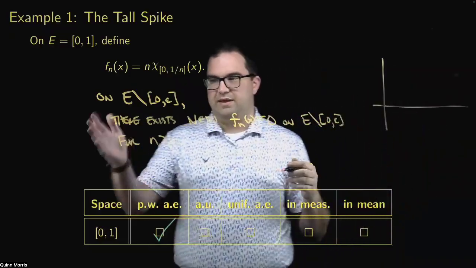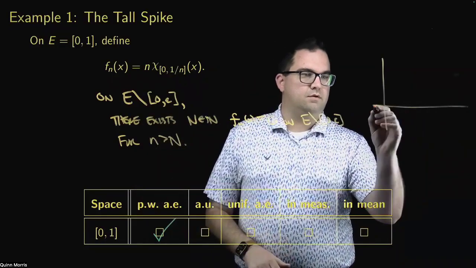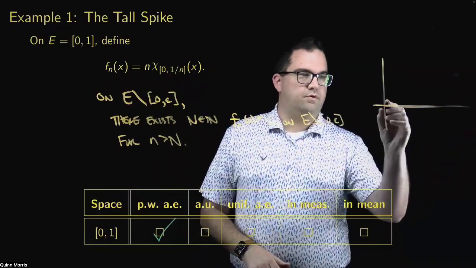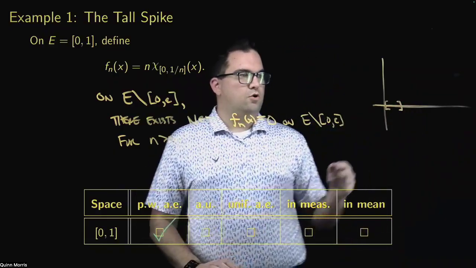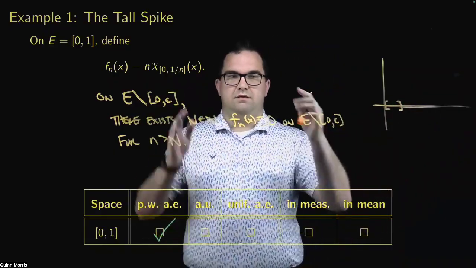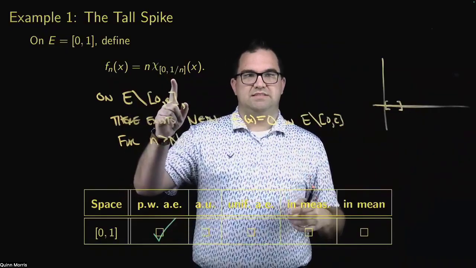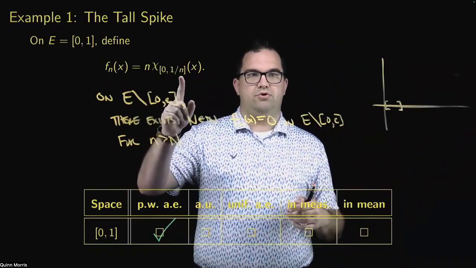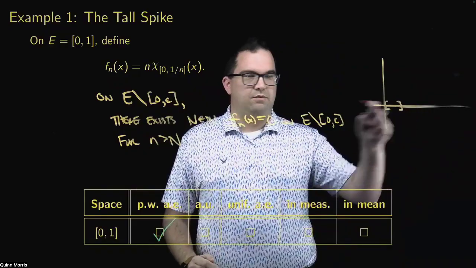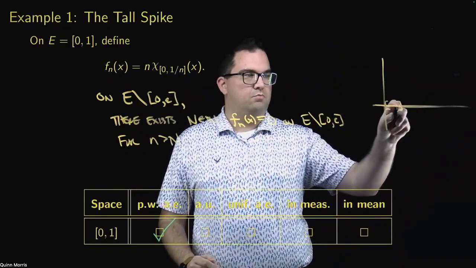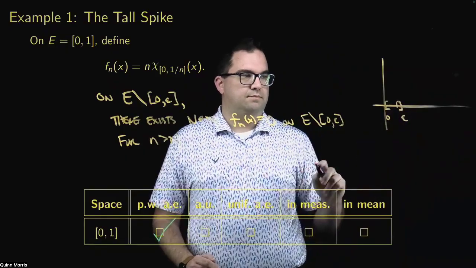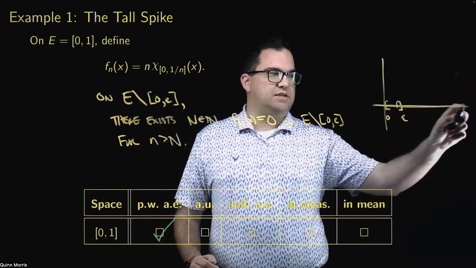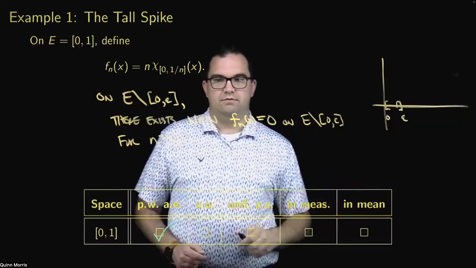Or sorry, you don't pick the epsilon. The epsilon is given. So you remove this interval 0 epsilon, right? Well, eventually, this is only non-zero on the set 0 to 1 over n. So eventually, what happens is that 1 over n moves inside of this range from 0 to epsilon, right? Well, once that happens, then your function is 0 everywhere outside of here, okay?